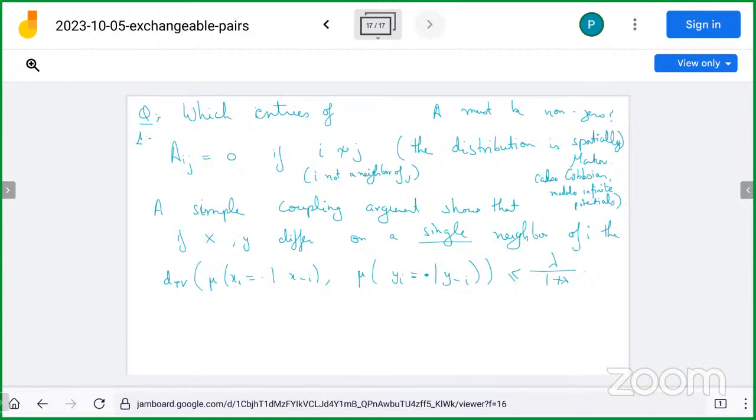Now, for multiple differences, what happens? Even if there are many different neighbors, as long as both settings have at least one neighbor that is 1, then they will be equal.